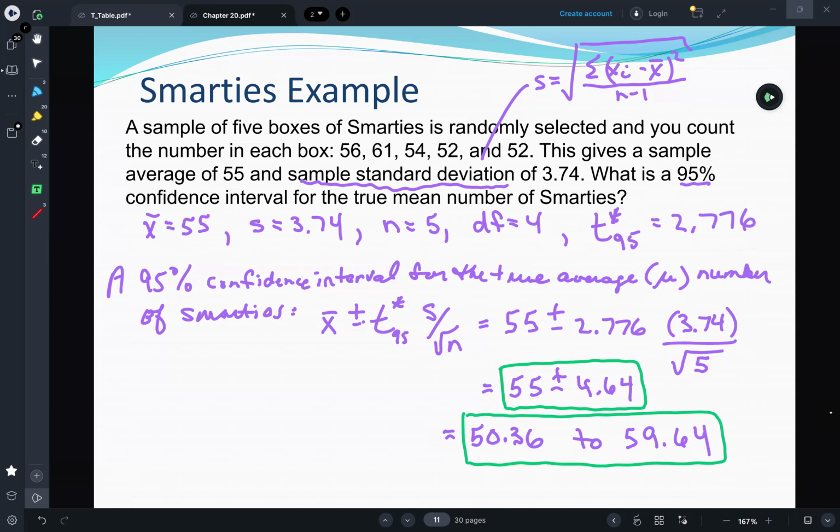So a 95% confidence interval for the true average number of Smarties. Meaning this means the population of all the Smartie boxes, right? Okay.